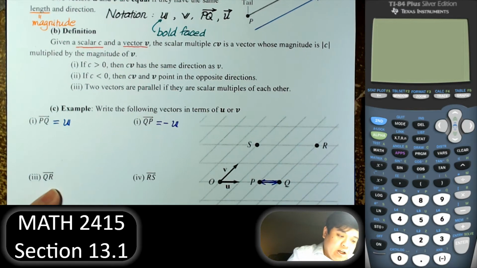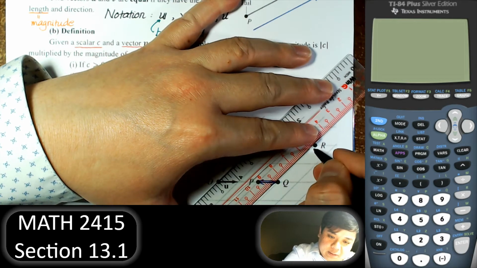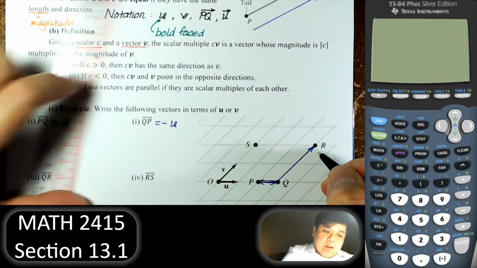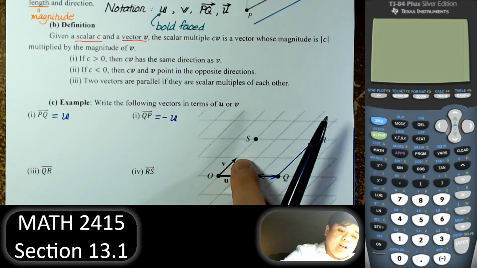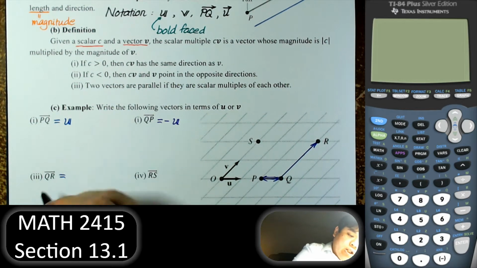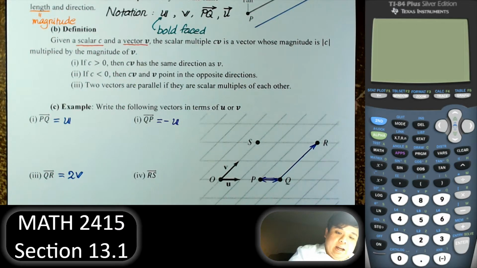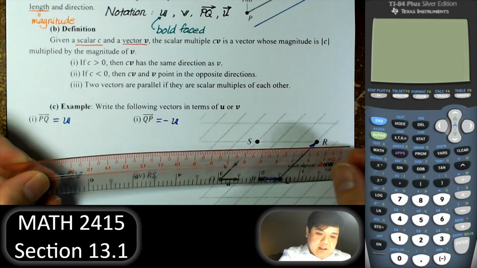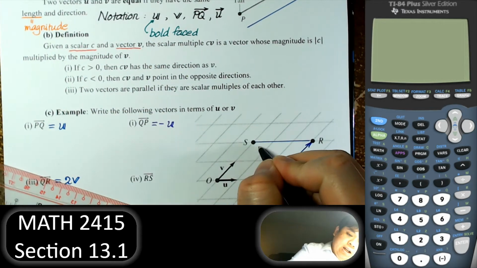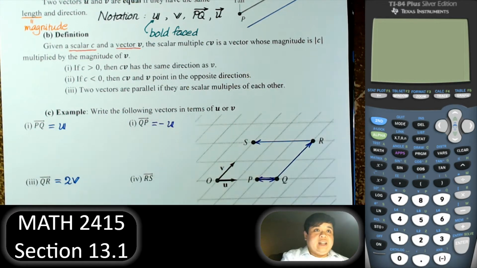And then next, QR. QR pointing the same direction as V, but it's going to be twice as long, right? So we're going to say that is going to be 2 times vector V. And then RS. Because it has the direction, I clearly indicate what is the tail and what is the head of the vector.